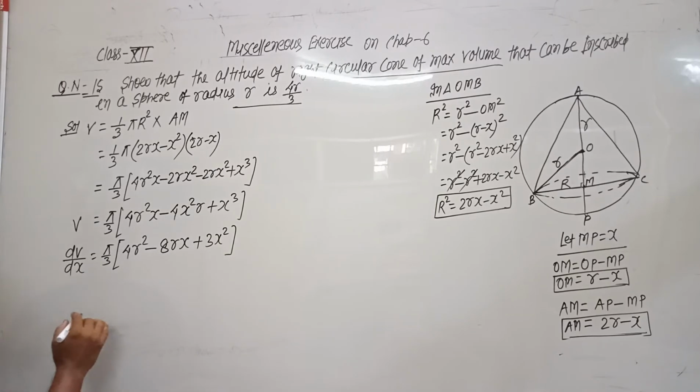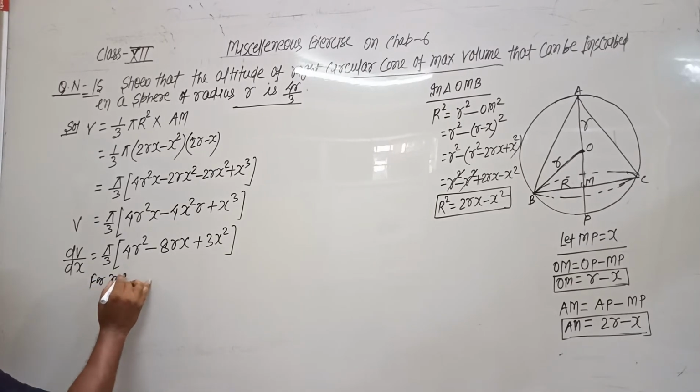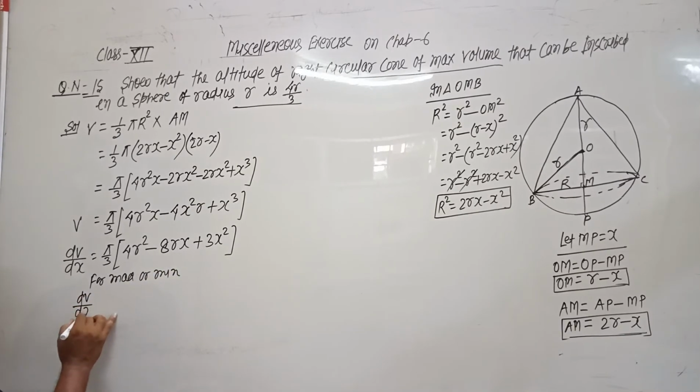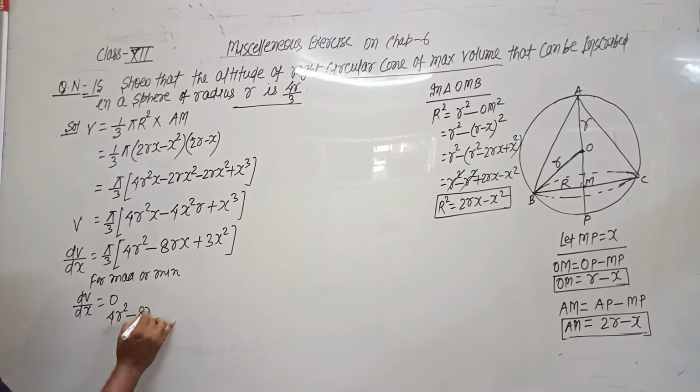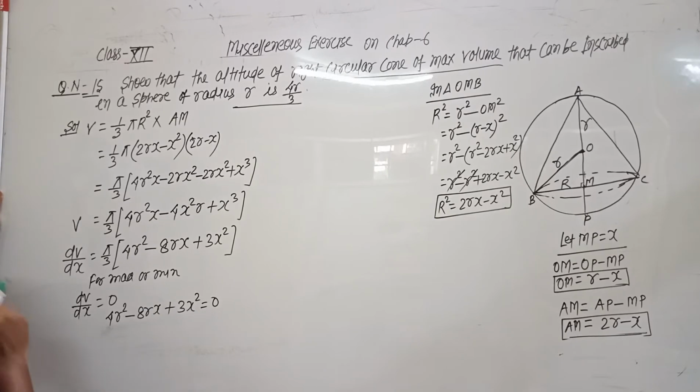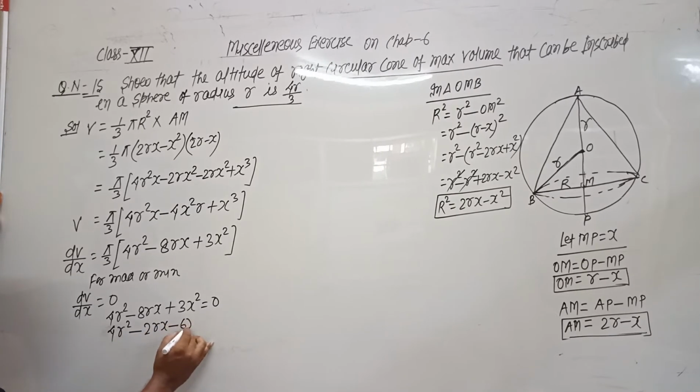For maximum or minimum, dV by dx equals 0. The pi by 3 drops out and we get 4r square minus 8rx plus 3x square equals 0. Let us factorize it: 4r square minus 6rx minus 2rx plus 3x square equals 0.